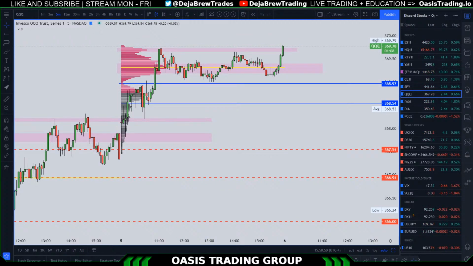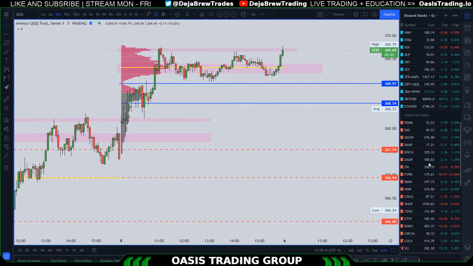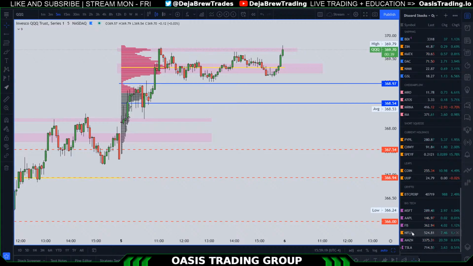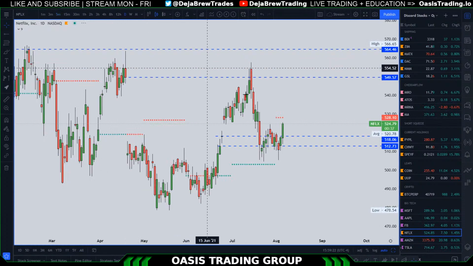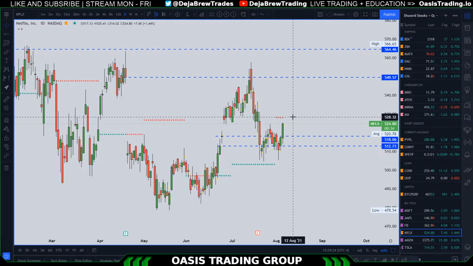Look at that bounce on Tesla. Once Netflix reclaims this monthly VWAP at like 528, 530, it's gonna rip.